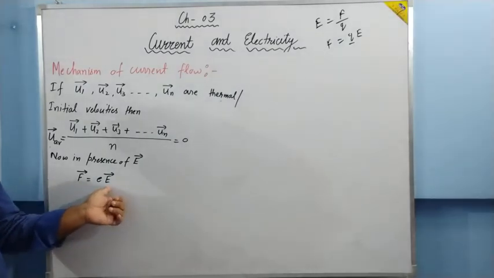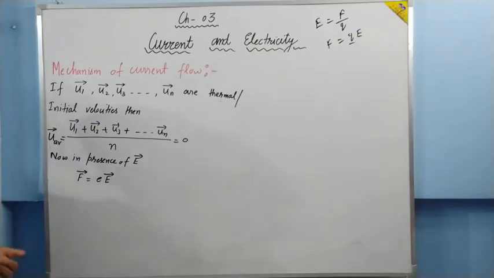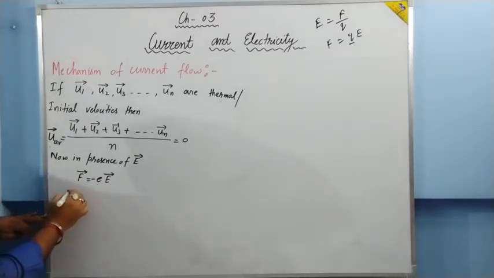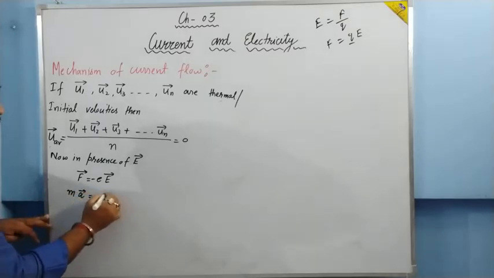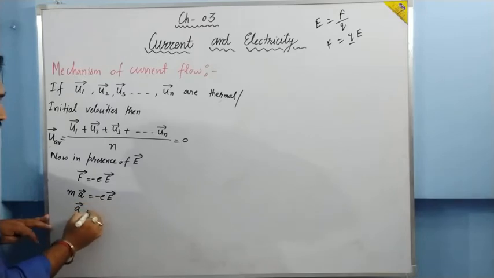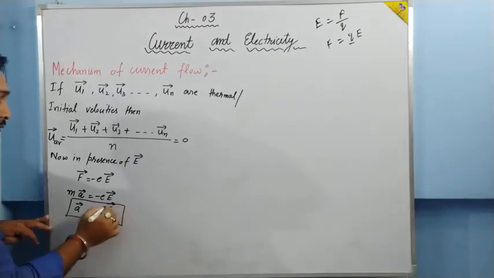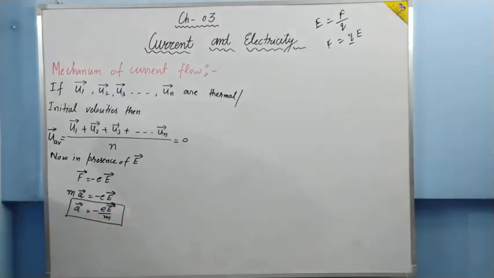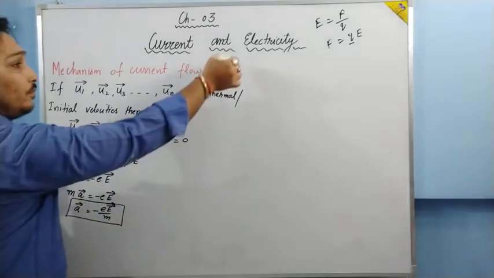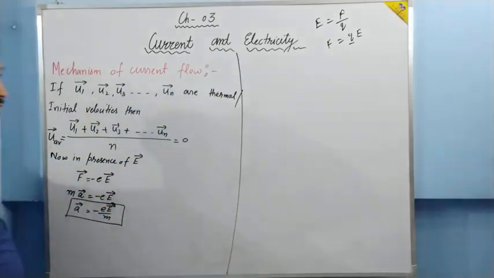Now one more thing you need to understand: electrons are negatively charged, and the force experienced by a negative charge is opposite to the electric field. That's why we put a minus sign over here. For F we can write mass into acceleration, so the acceleration is minus e E vector upon m. This is the formula for acceleration.